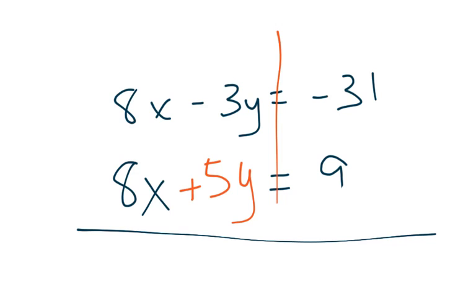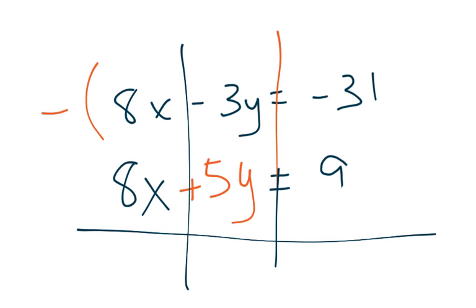So now I have what I need. Now if I add all of this up, I'm not going to get anything eliminated yet. I need to make one of these negative. I can either make that one negative or this one negative, and I think I'm going to change the top one because there are a lot of negatives in it, and I prefer to use positives.